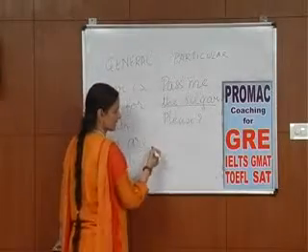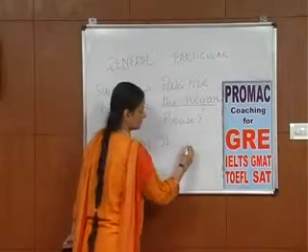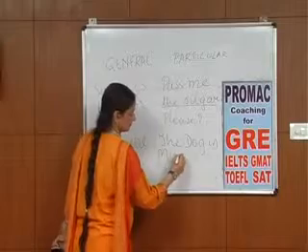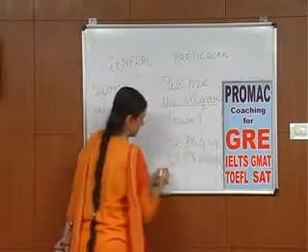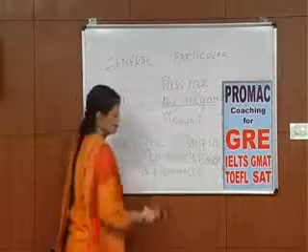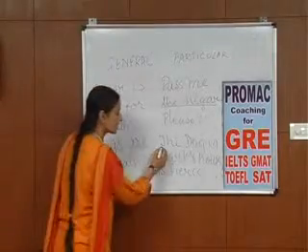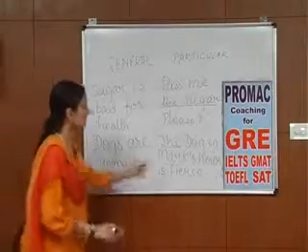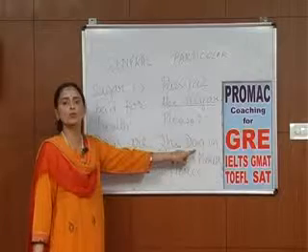Now let's translate this. Say for example, you say something like, the dog in Mark's house is fierce. The dog in Mark's house is fierce. Now, why are we using the dog? We are using the dog simply because we are talking about one particular dog. We are not talking about all dogs in general.